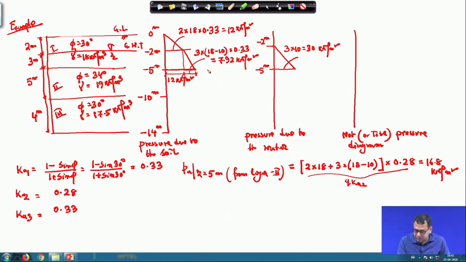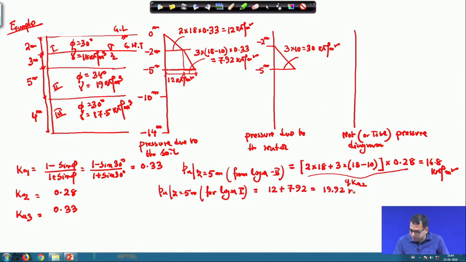So, we can write that P A at z equal to 5 meter for layer 1 is equal to 12 plus 7.92, that is 19.92 kilonewton per meter square, but this is 16.8 kilonewton per meter square.